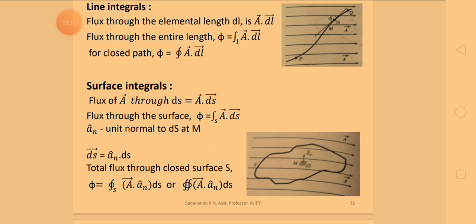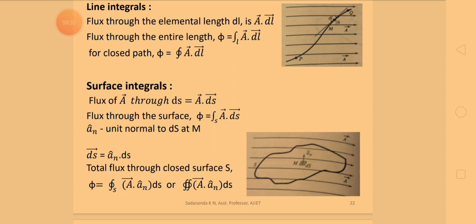Now in a vector field, imagine the elementary surface ds acts as a vector ds given as vector ds equal to ds into an cap. So surface area is a vector entity, therefore vector ds is given as ds into an cap.